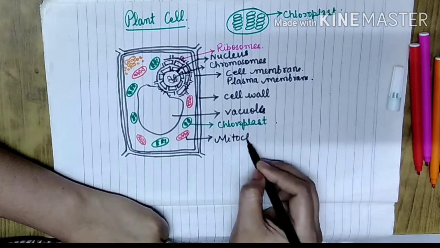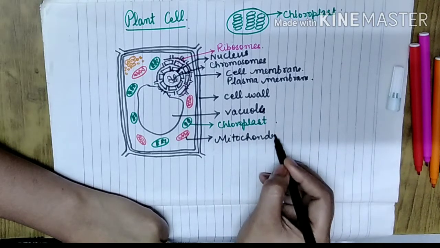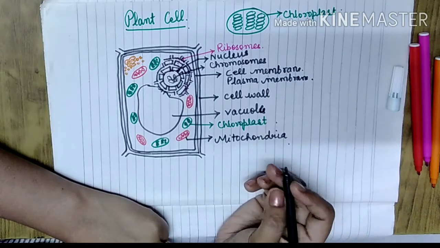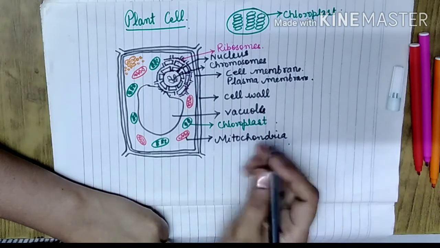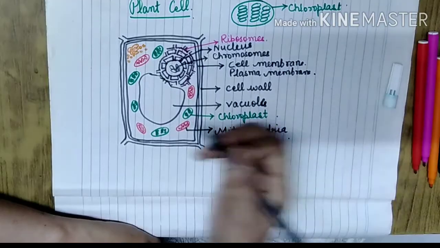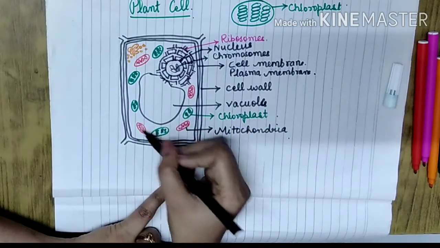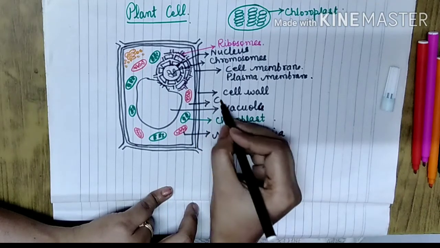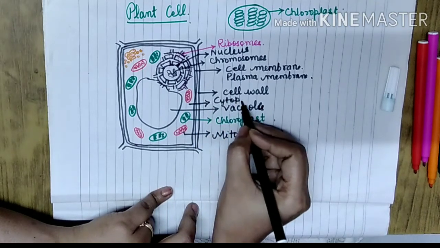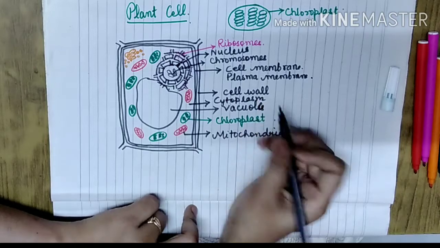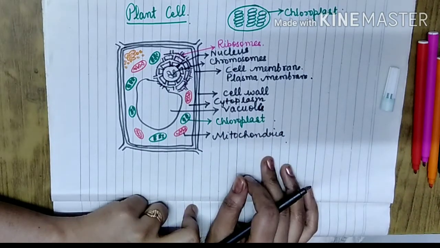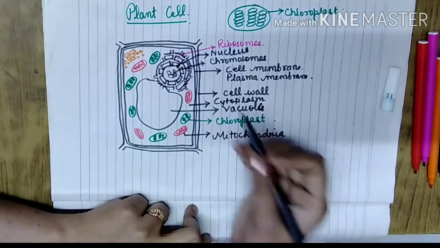So the energy provider organelle is the mitochondria, and this is how you are going to make the diagram of the plant cell. Not only are ribosomes attached to the endoplasmic reticulum, they are also freely suspended throughout the cytoplasm. Whatever organelles I have made here are all suspended in the cytoplasm, which is a jelly-like substance.